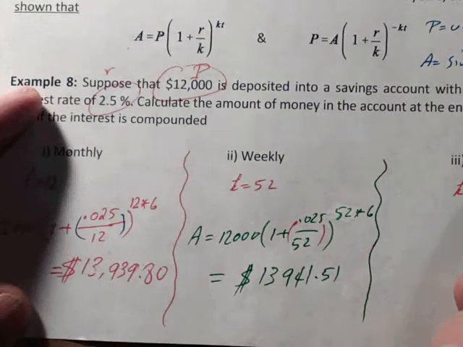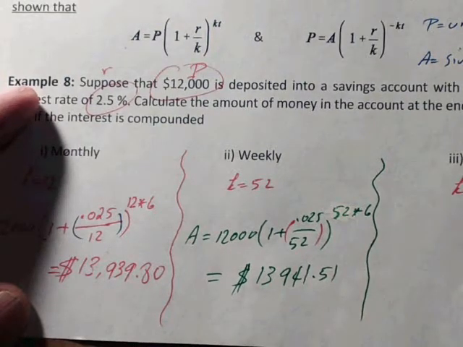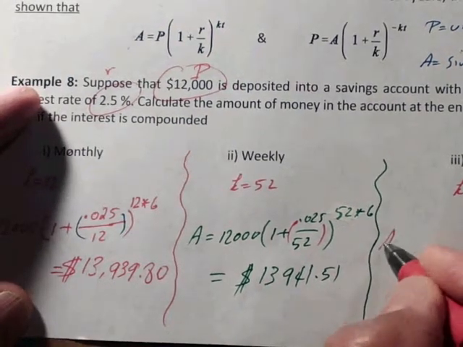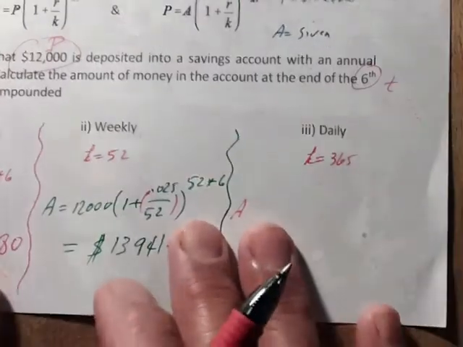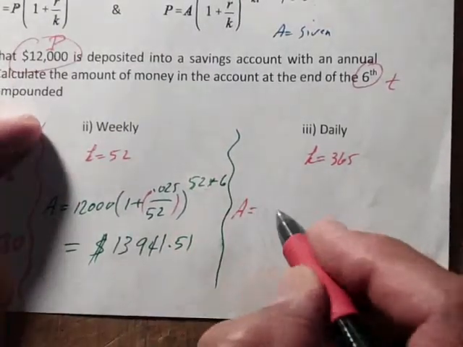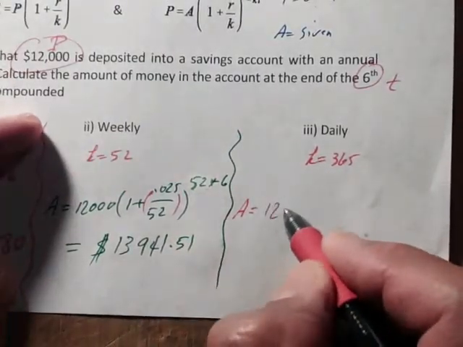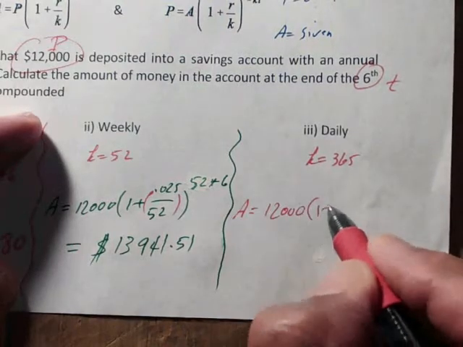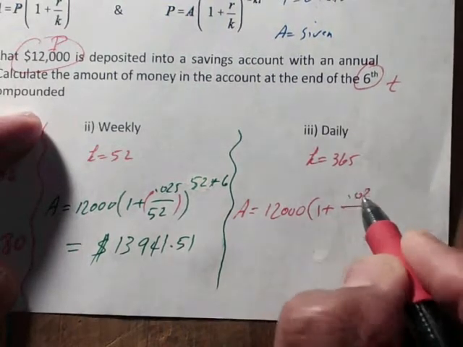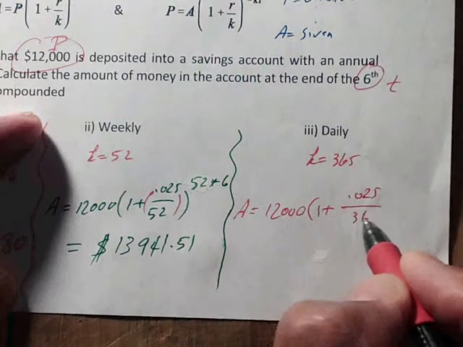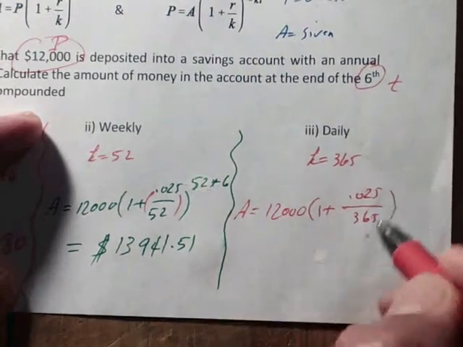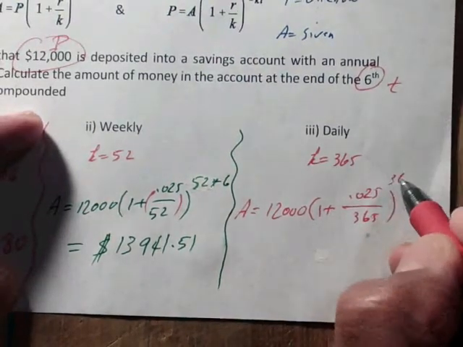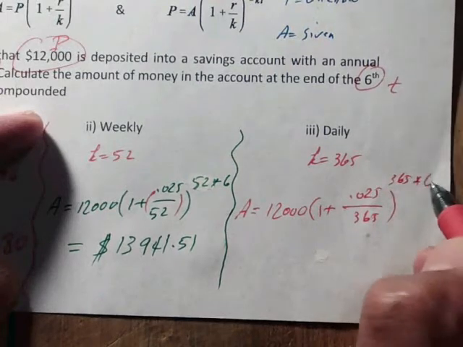Now, if you do it daily, A would be 12,000 times 1 plus 0.025 divided by 365 to power 365 times 6.